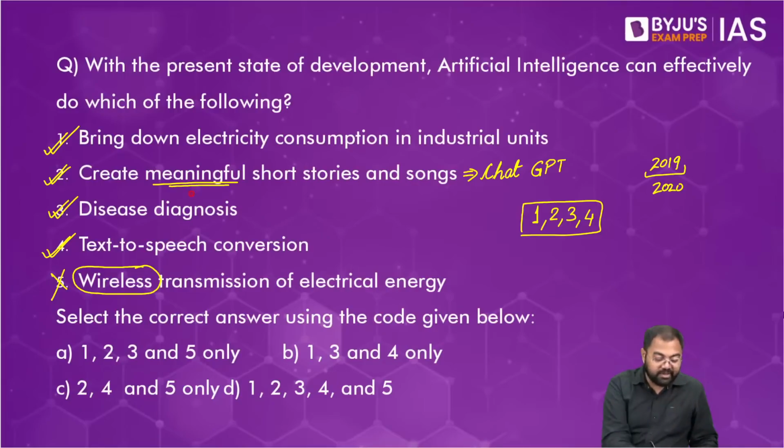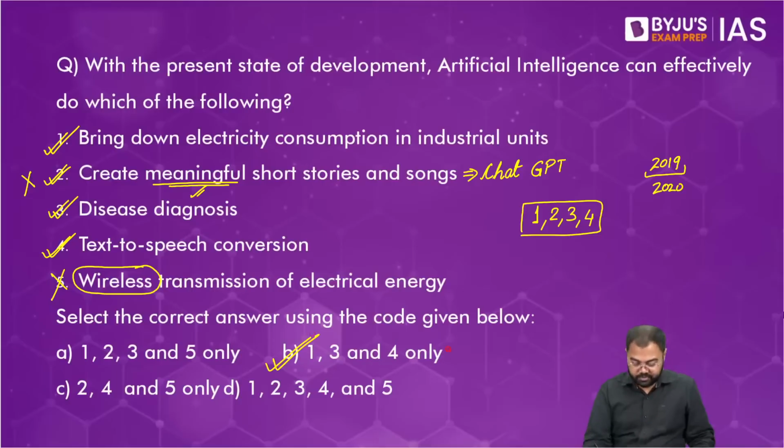So creating meaningful short stories and songs was not possible in 2020. There were no artificial intelligence systems that could have created meaningful short stories or songs. Now you have ChatGPT that can do that, but back then there was nothing like this, and that's why the correct answer is B.